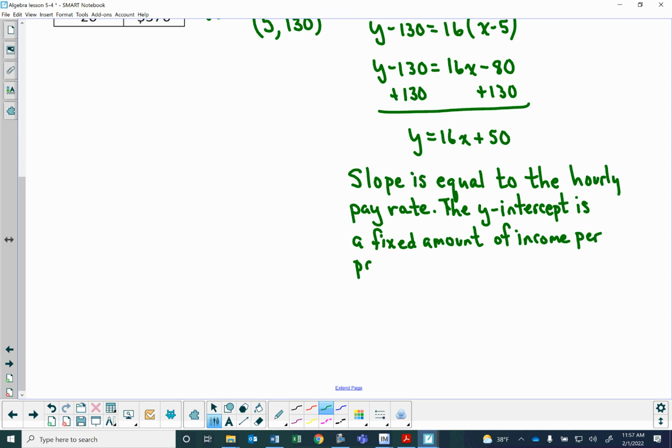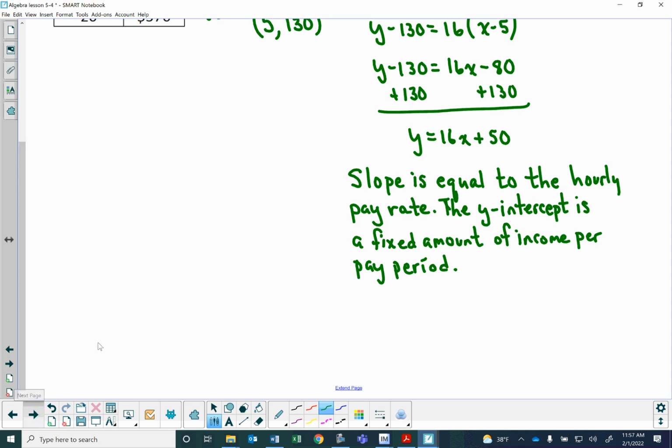So as you can clearly see, the slope-intercept method comes directly from point-slope form. So point-slope form is really quite important to be able to understand slope-intercept form.